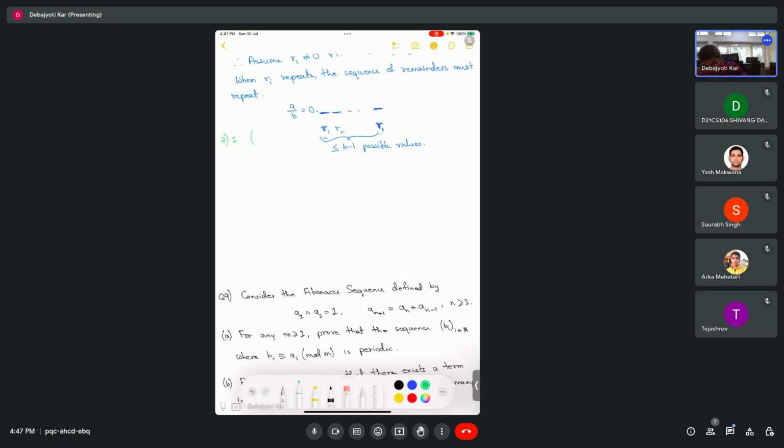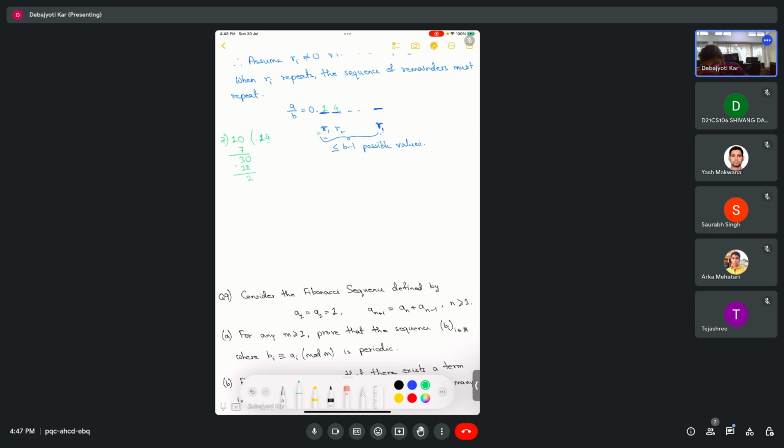So initially we start, my first term in the quotient is going to be 1. Then my first remainder is 3, so this is my r1. Then the next term is 4. Then my r2 is equal to 2.